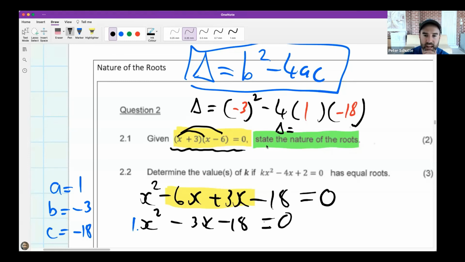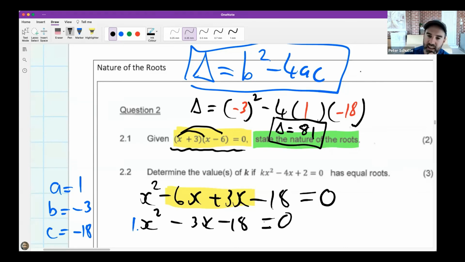I get 81. Yes. Okay. So delta is 81. Now, once we have worked out what delta is, we can state the nature of the roots in terms of the delta gives us information.